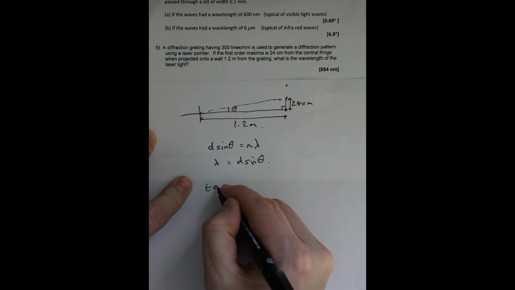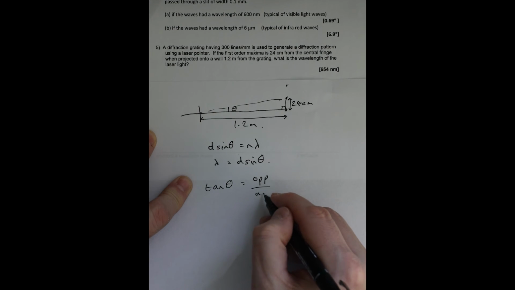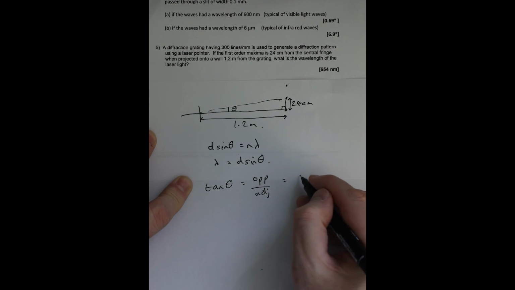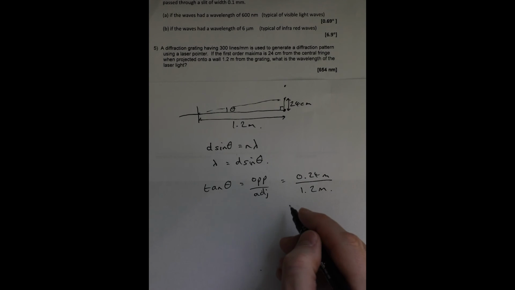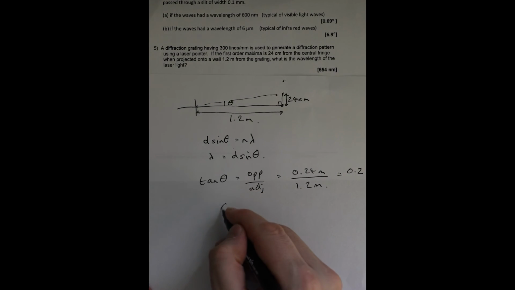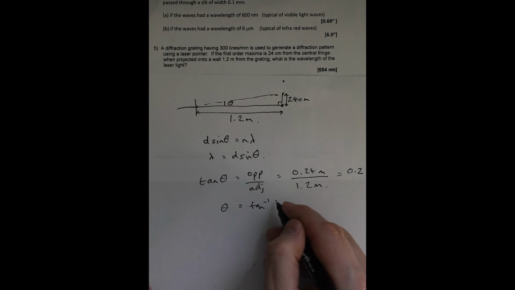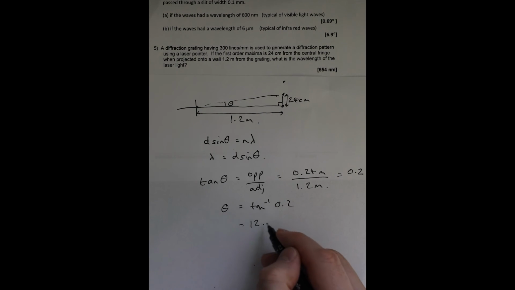So we can state that tan theta is equal to the opposite side divided by the adjacent side, which is equal to 0.24 meters divided by 1.2 meters, which is equal to 0.2. So then theta is going to be equal to tan to the minus 1 of 0.2, which is about 12.6 degrees.